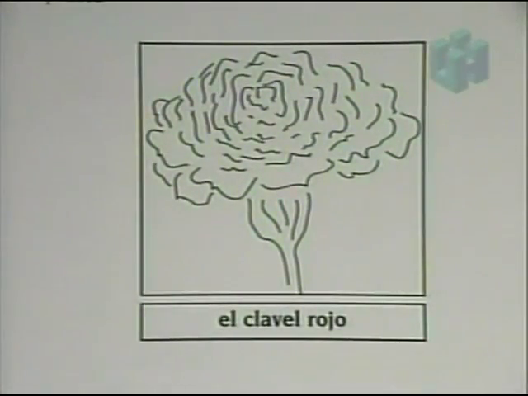El clavel. Do you know flowers well enough to guess what kind of flower this is? A carnation? Yeah, it looks kind of like one, doesn't it? El clavel rojo. So let's see. What color is rojo? Do you remember? Red is rojo. Okay, so let's go ahead and color this one rojo.